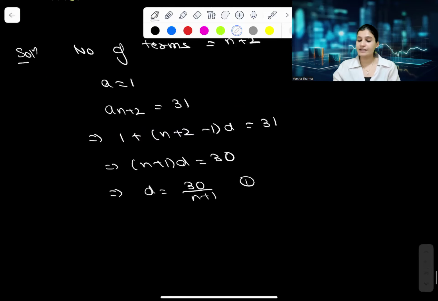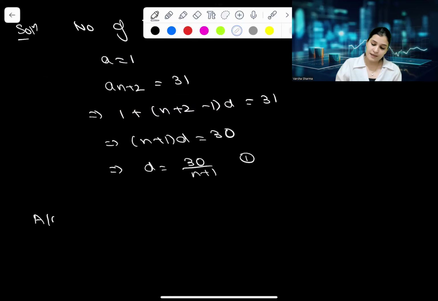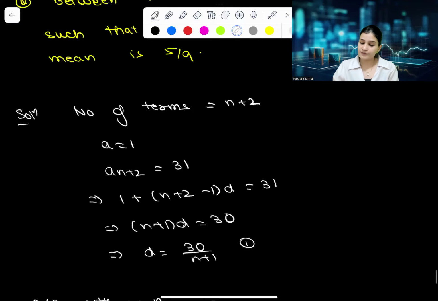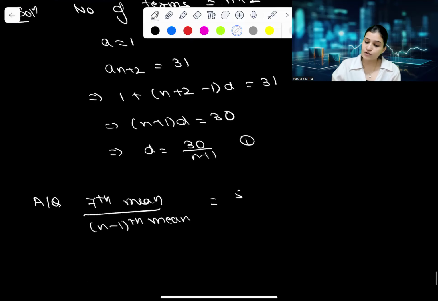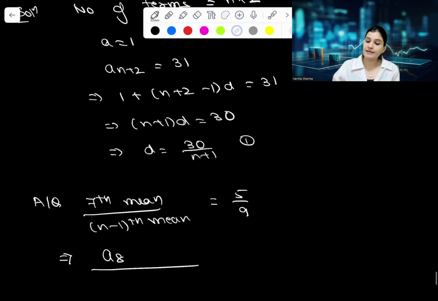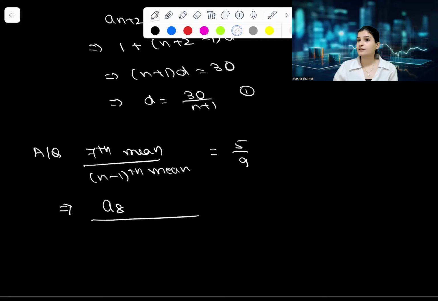Now, the ratio of the 7th and n minus 1th mean. The 7th mean upon the n minus 1th mean is 5/9. So the 7th mean is which term of the sequence? A8. And the n minus 1th mean will be An.